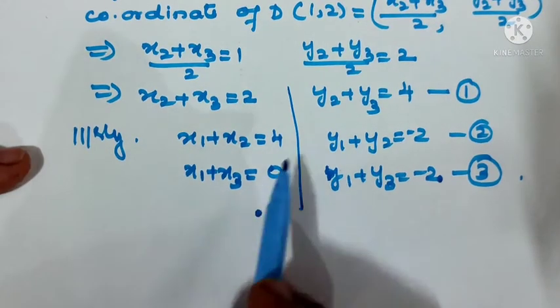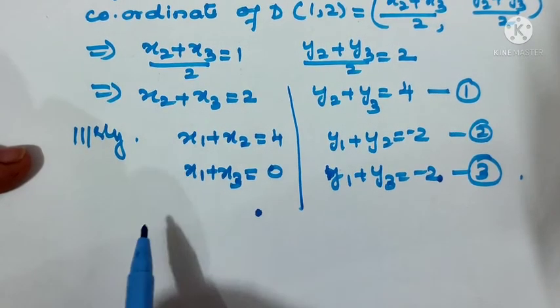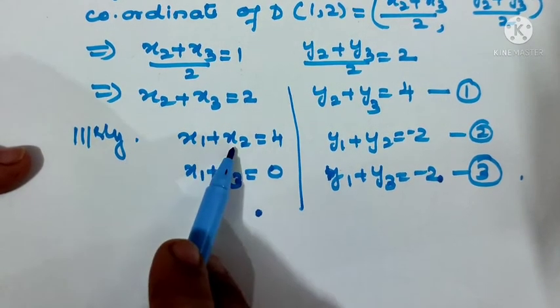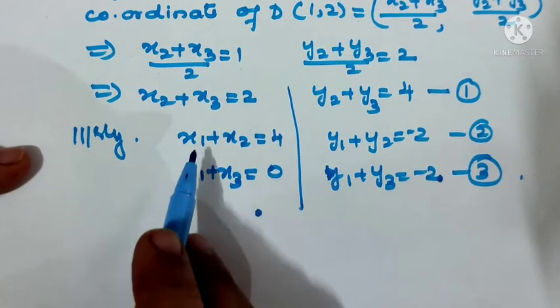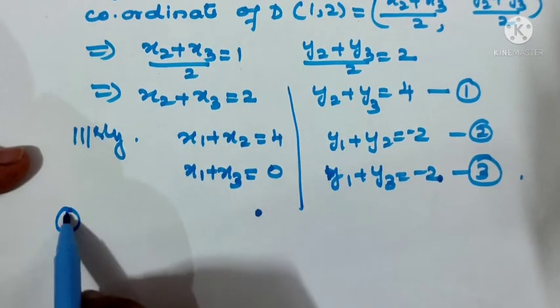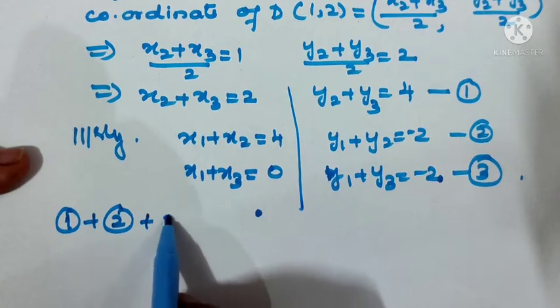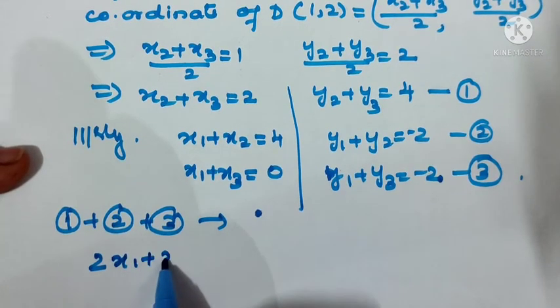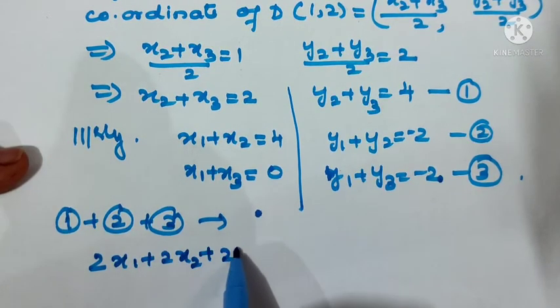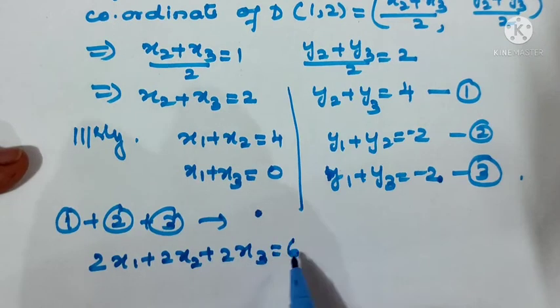If we add all these three equations, what will we get? x2 two times, x3 two times, x1 two times. Adding equations 1, 2 and 3 gives 2 times x1 plus 2 times x2 plus 2 times x3 equal to 6.